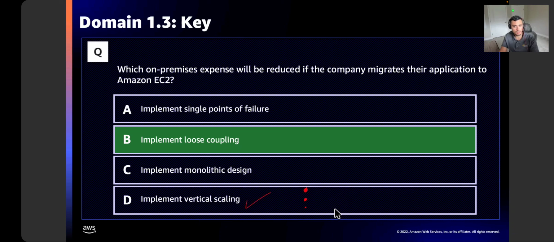Instead, we always want to lean toward horizontal scaling, where we're adding additional nodes, adding and reducing those nodes, incorporating that elasticity, right? In terms of monolithic design, obviously we don't want a monolithic design, and we don't want to implement single points of failure, right? So the correct answer is implementing loose coupling.